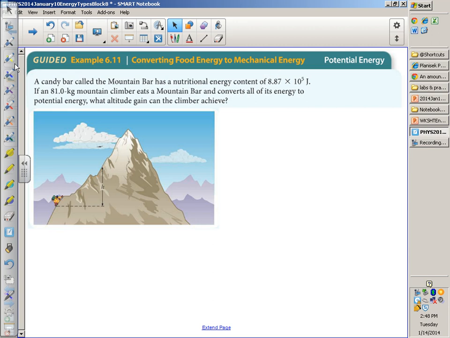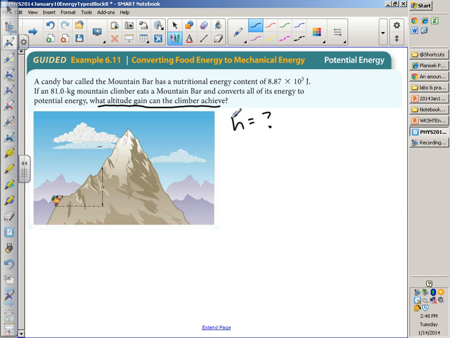So it says, what altitude gain can the climber achieve? Altitude means we're going to be measuring height. That's what we want to end up looking for. How high can this climber actually climb? They gave us the mass of this climber, 81 kilograms, and the nutritional bar has an energy content of 8.87 times 10 to the 5th.